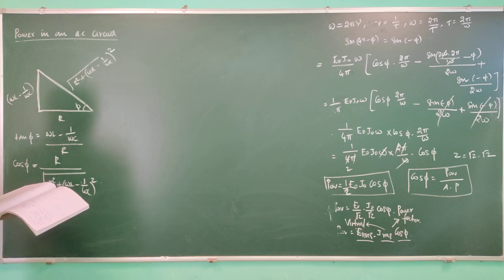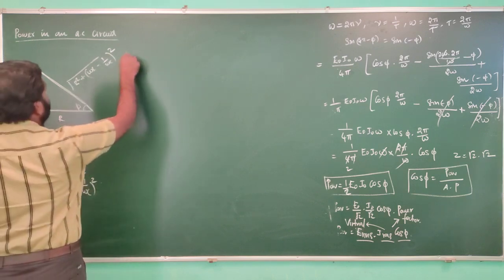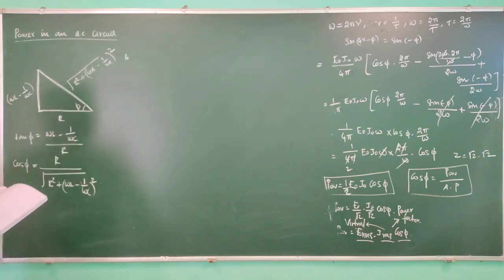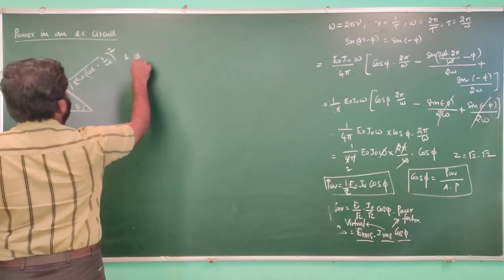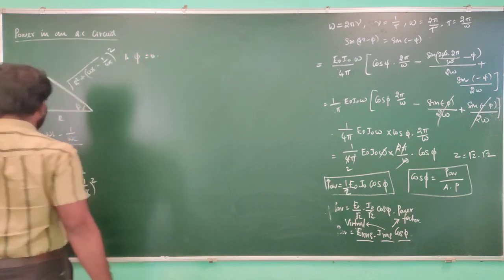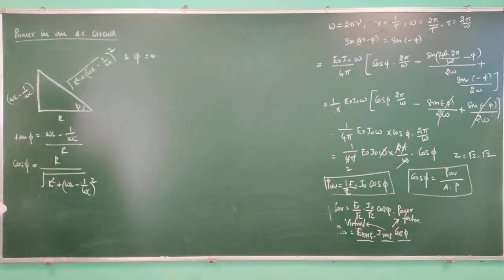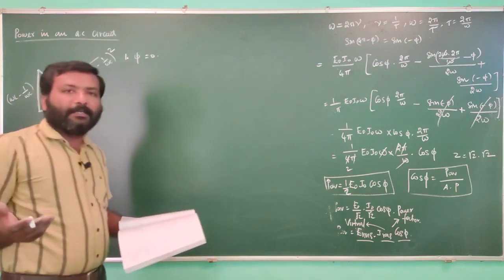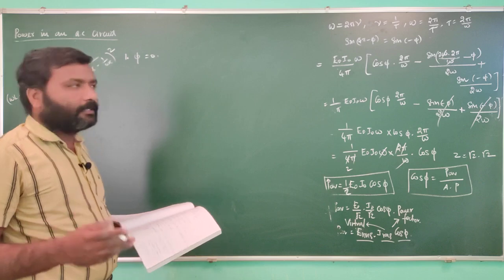Now let's see some special cases. Case number 1: if the circuit is purely resistive, if the circuit doesn't have any inductive and capacitive components, then phi is equal to 0, because there won't be lead and lag between current and voltage.